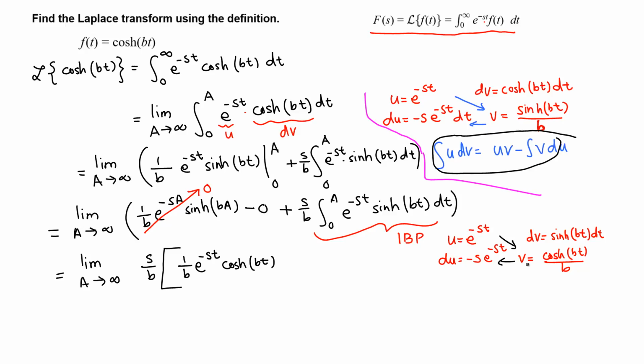That's the uv part, and we need to evaluate from 0 through a, minus the integral of v du, just using this formula, v times du. Now du has a negative, that makes this positive, so if we multiply s and b we can pull that outside, and that leaves e raised to negative st and cosh bt.